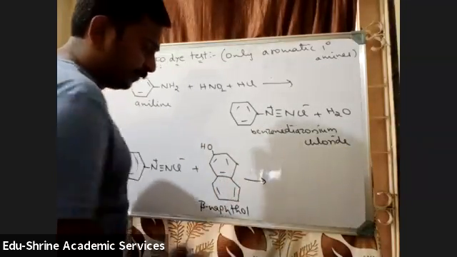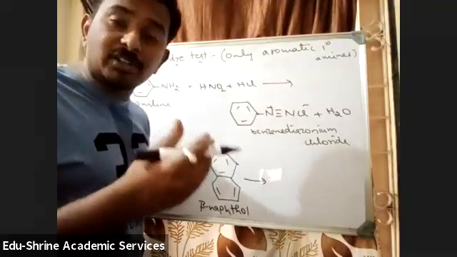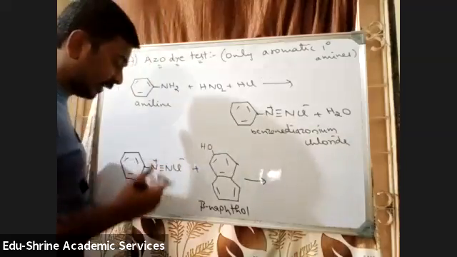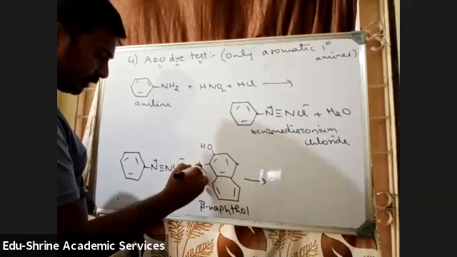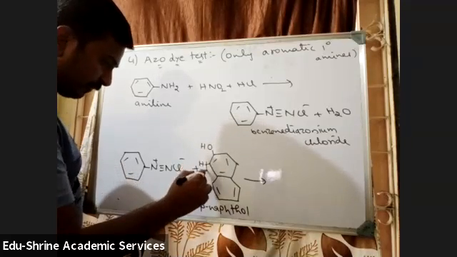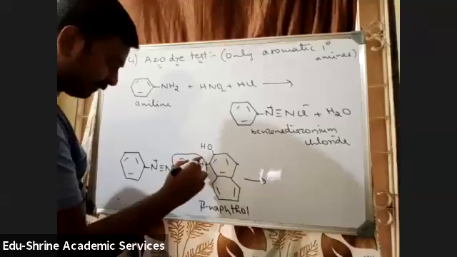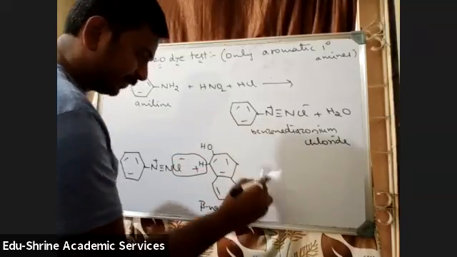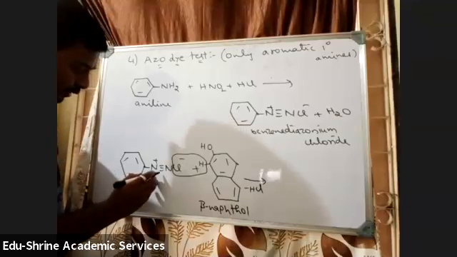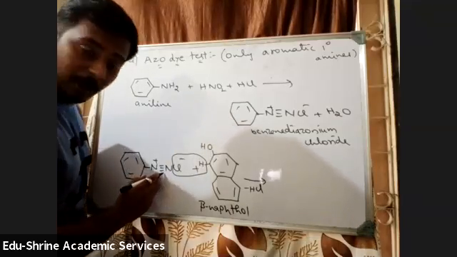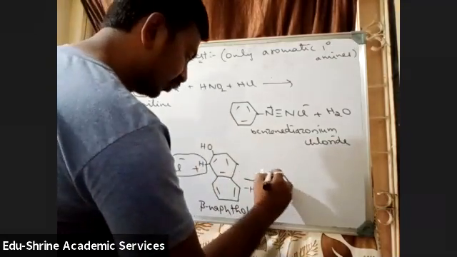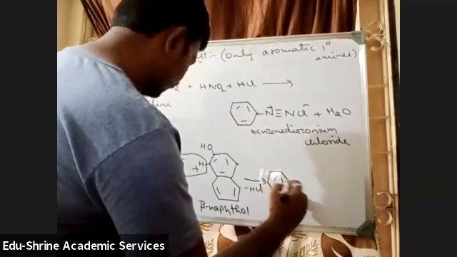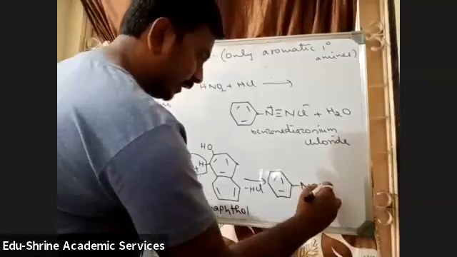So what you will get is an orange red colored dye. How is that dye formed? There is a hydrogen present here. Hydrogen from here and Cl minus from here will be removed as HCl. The triple bond gets converted into a double bond, in conjugation with this benzene ring.